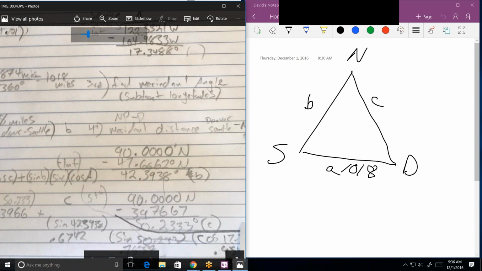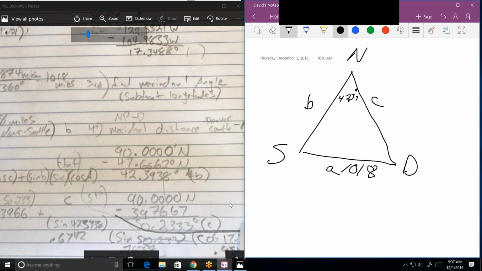In other words, you're saying this angle right here is 42.39 degrees, angle n. Right, but all I need is one more piece of information, either an angle or another side, and I can solve this triangle for you.